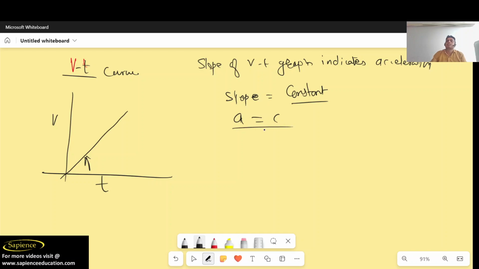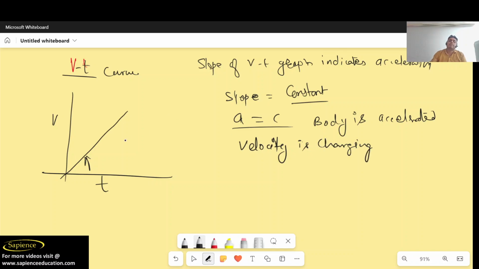If acceleration is constant, then body is accelerated. Body is accelerated, and it means that velocity is changing. Velocity is changing.